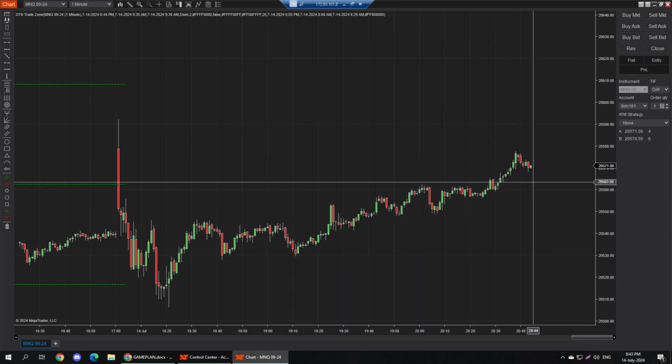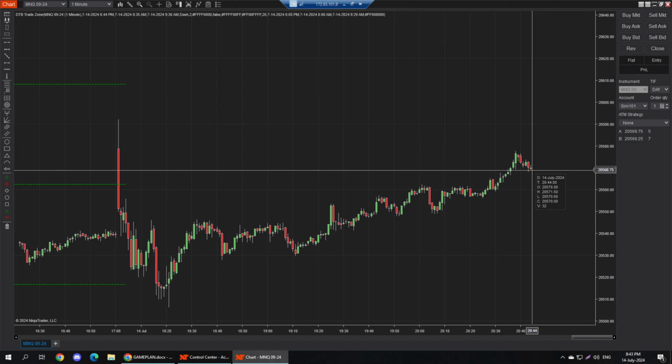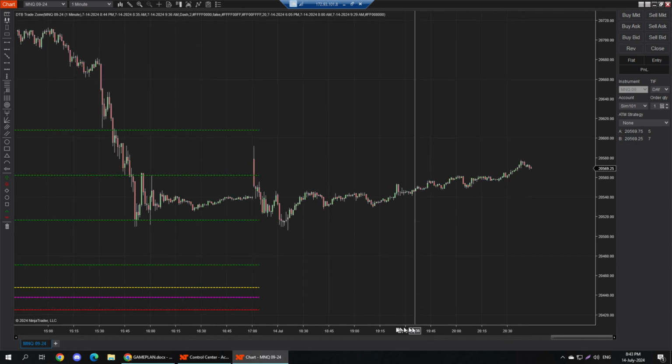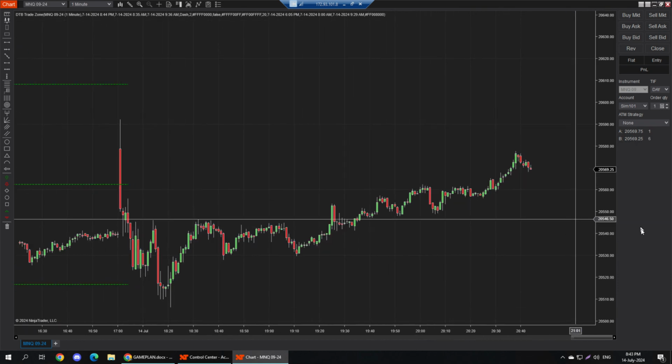Because we are currently within this candle, it's not going to plot the zone. It's only going to plot the zone after that candle has completed, because it's showing us where that zone is. So let's wait for this candle to complete, and then we'll see what it looks like.